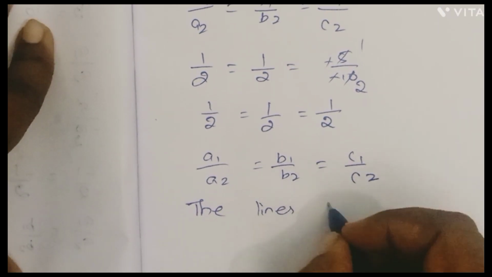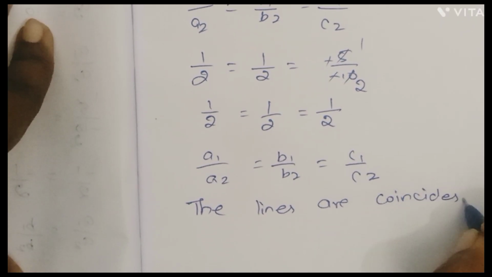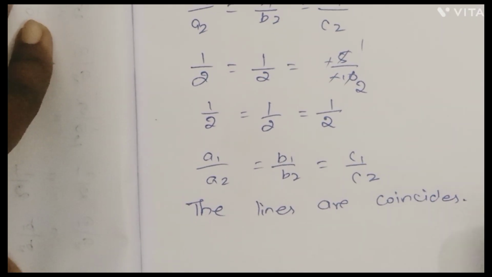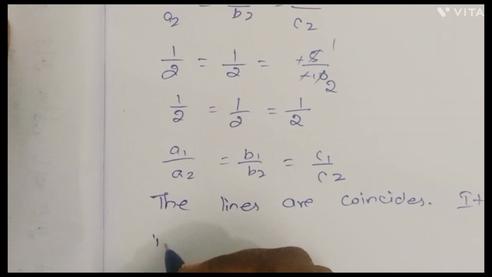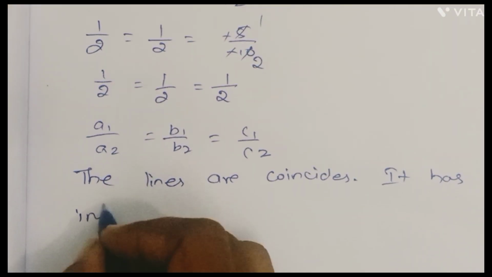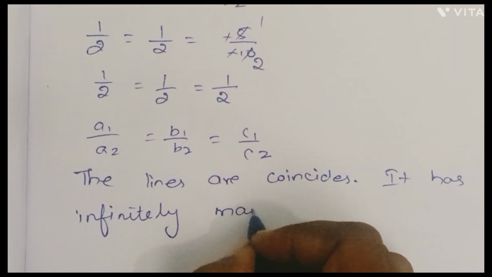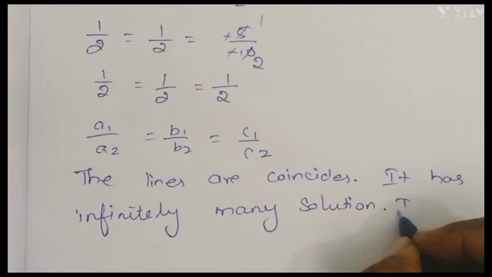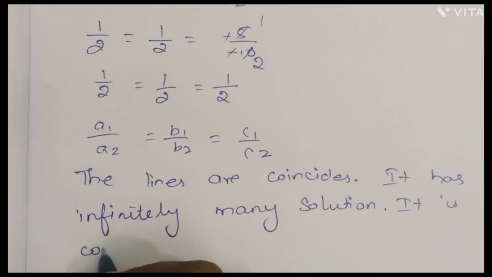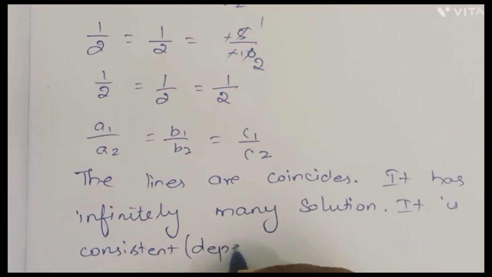Therefore the two lines coincide with each other. And what about the solution? It has infinitely many solutions. And what about the consistency? It is consistent. It is consistent dependent.